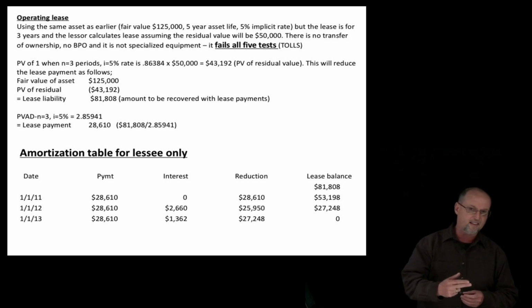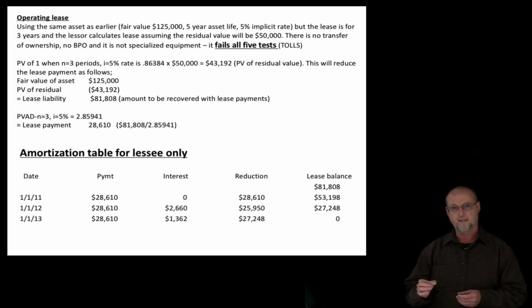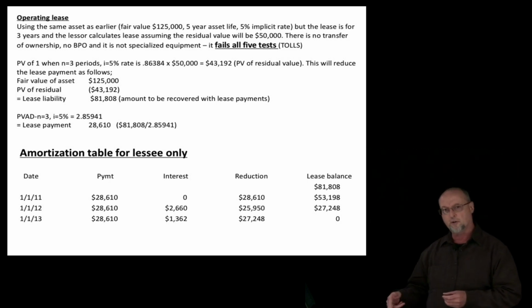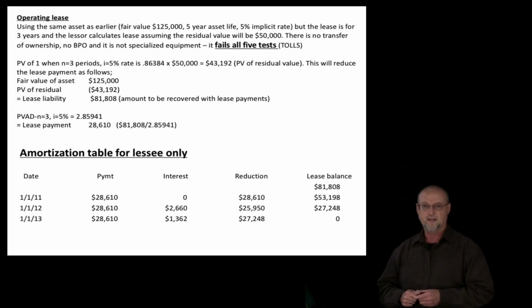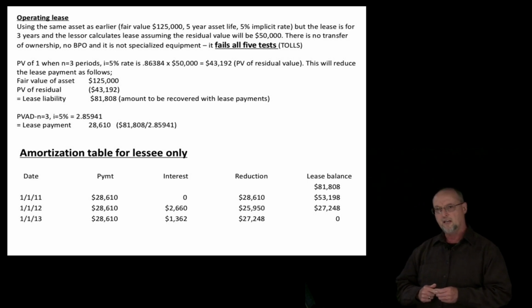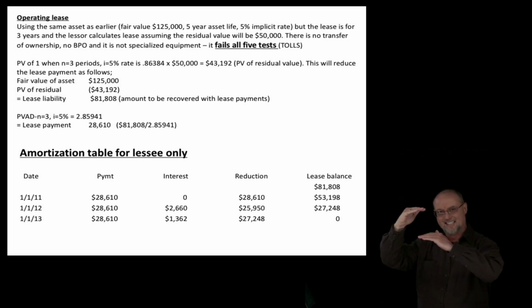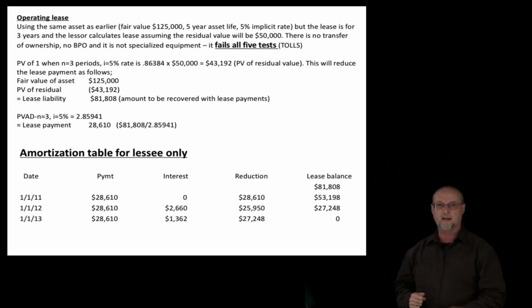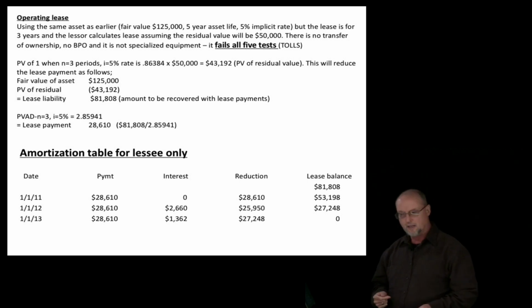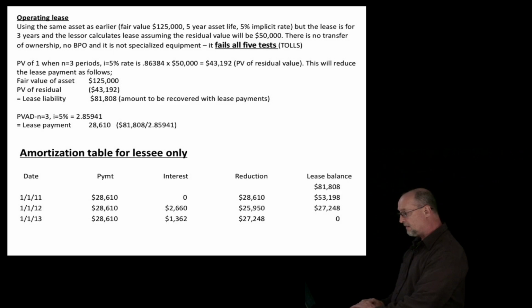We multiplied that times 5%, that's the interest rate we're using, to determine the interest expense. And then the depreciation will simply be the lease payment minus the interest expense for the year, $2660, and that'll give us the amount of depreciation. It's a little strange, but that's how we do it with an operating lease.